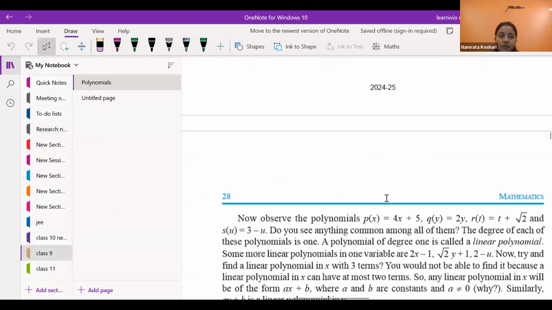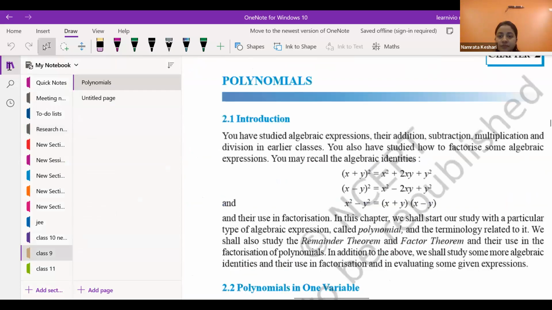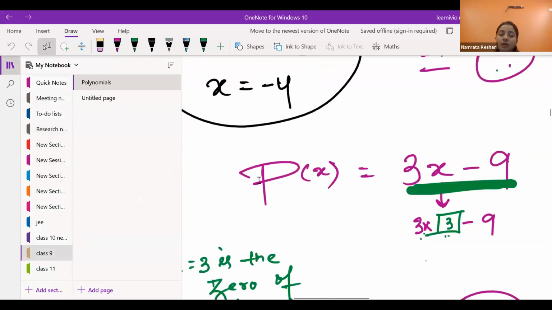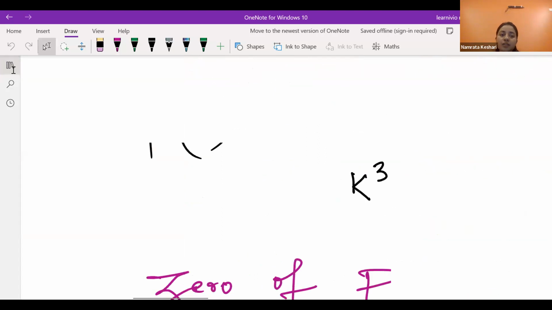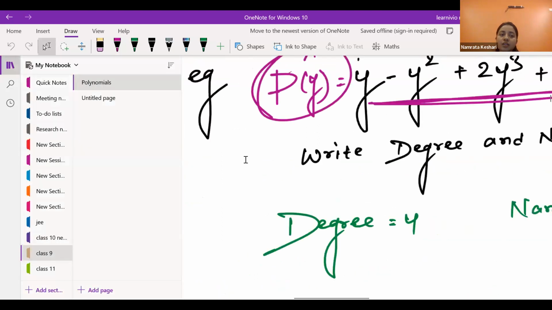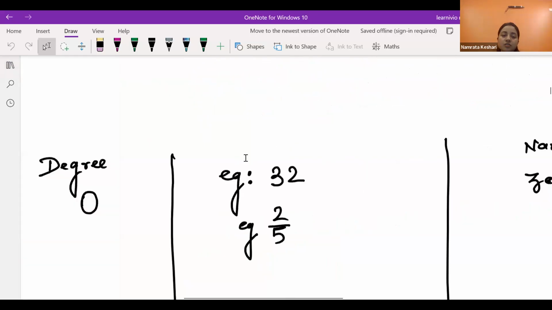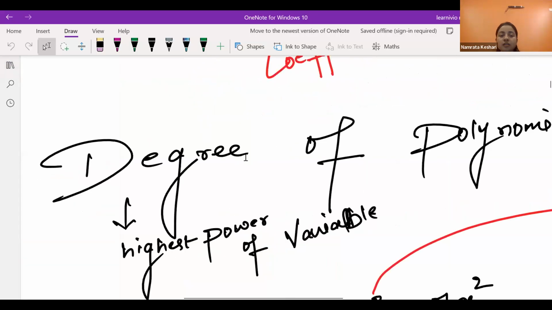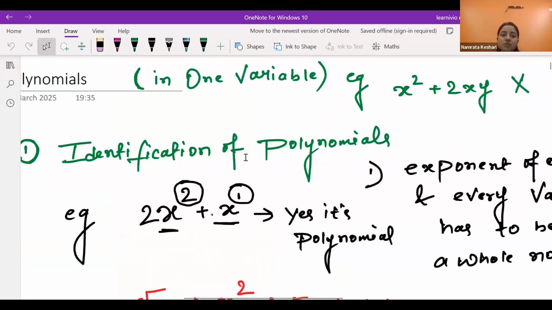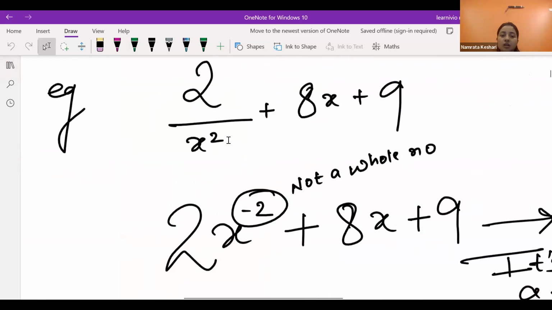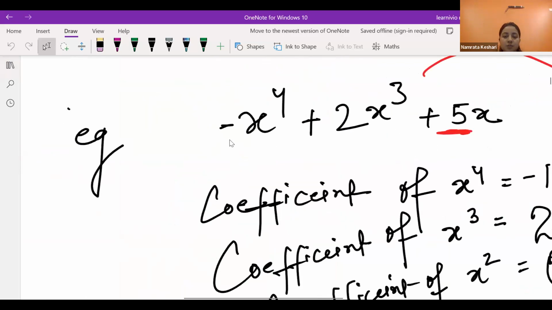I'm going to show you questions, how exactly questions will come, and you have to answer me whether the given expressions are polynomials or not. Just a moment. And after solving these questions, we will be starting with that assessment. Okay, ma'am.